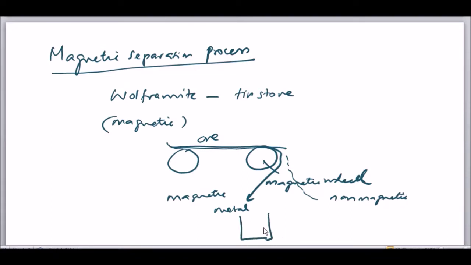In one vessel we can collect magnetic ore, and in other vessel we can collect non-magnetic ore. So it's a very simple procedure.